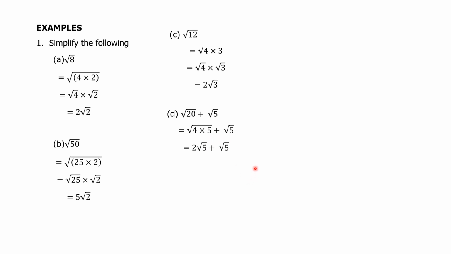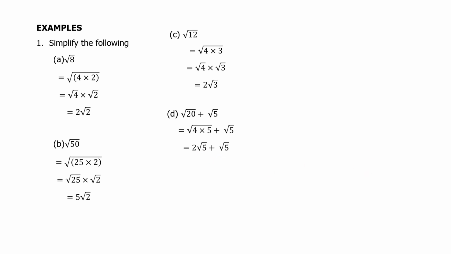Then on the next step, we just simplify it faster. Now we are going to be doing things faster because we saw that where it comes from the first part, the second part, and the third one. So on the fourth one, when we see the square number, on the next step we shall just take its square root right away. So we are having 2 root 5 plus root of 5.